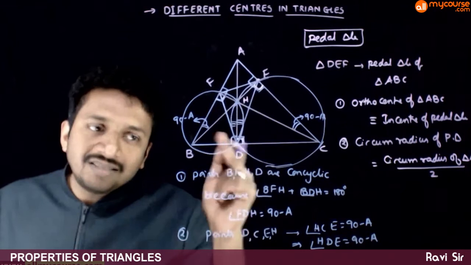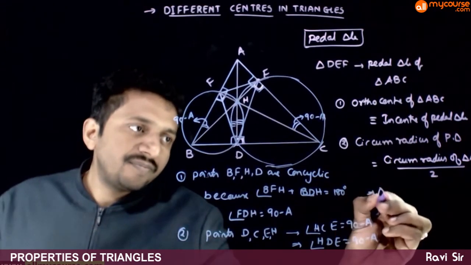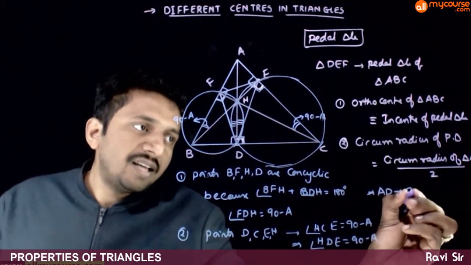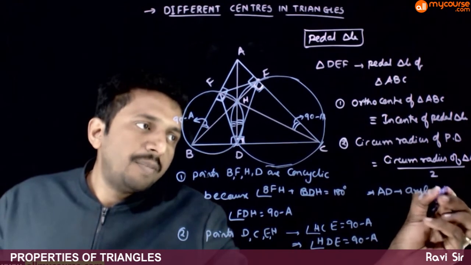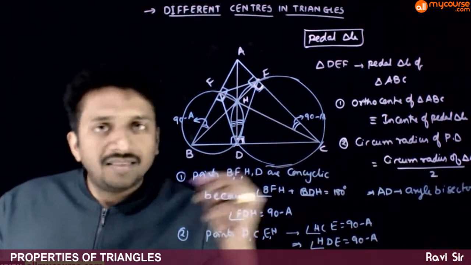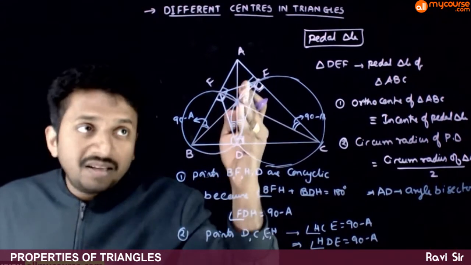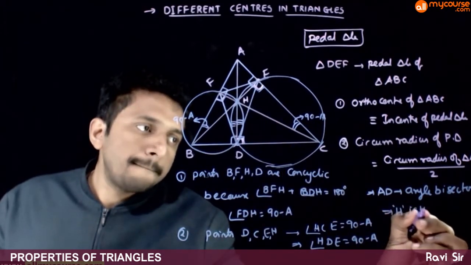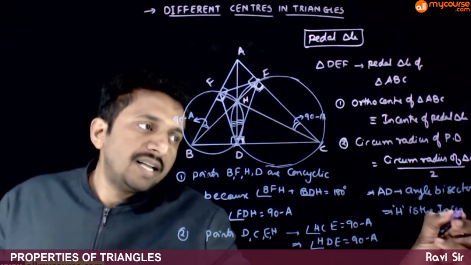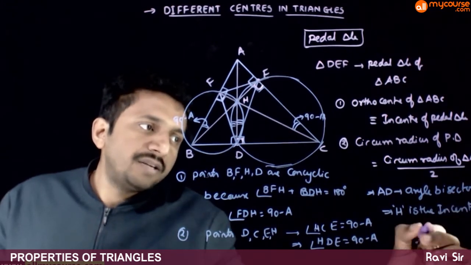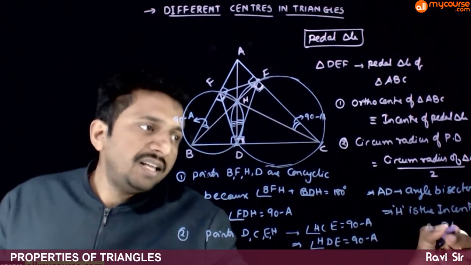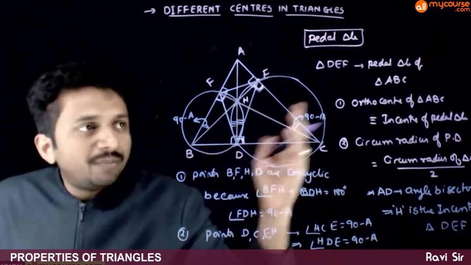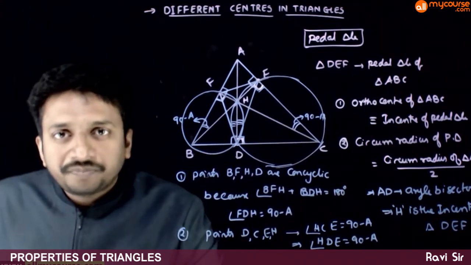Hence AD is the angle bisector. And this implies H is the incenter of triangle DEF. So that proves the first proposition.